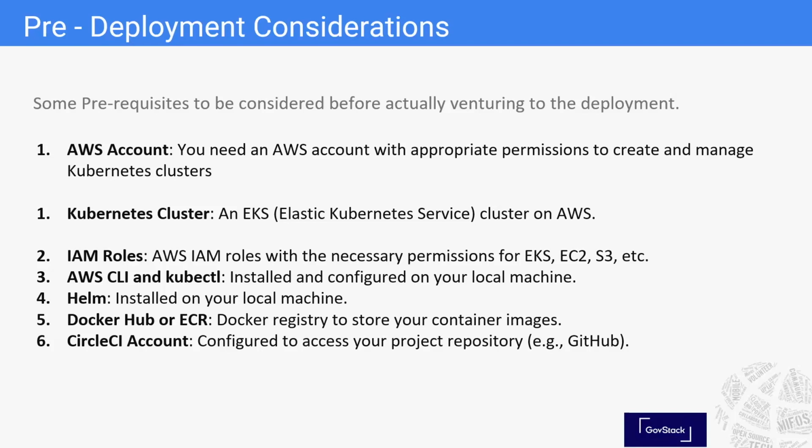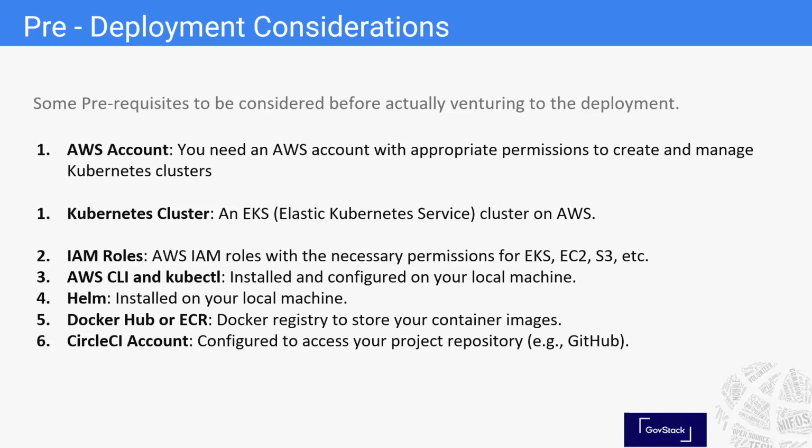Besides that, AWS CLI and kubectl are configured on the local machine so that they could understand and handle the commands that are coming in. As we previously pointed out, Helm needs to be installed on the local machine as well. Then we also need Docker Hub or ECR or any registry where your container images are stored so that you could pull from them. And finally, you need a CircleCI account. The good thing about CircleCI is that you do not need to install it on your system.